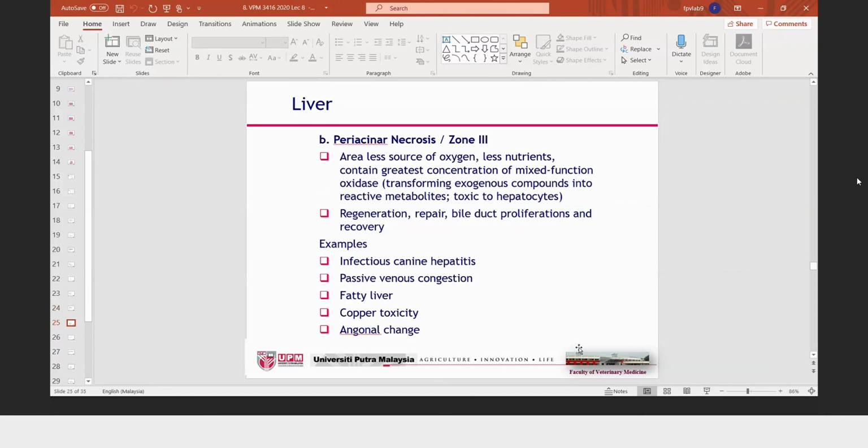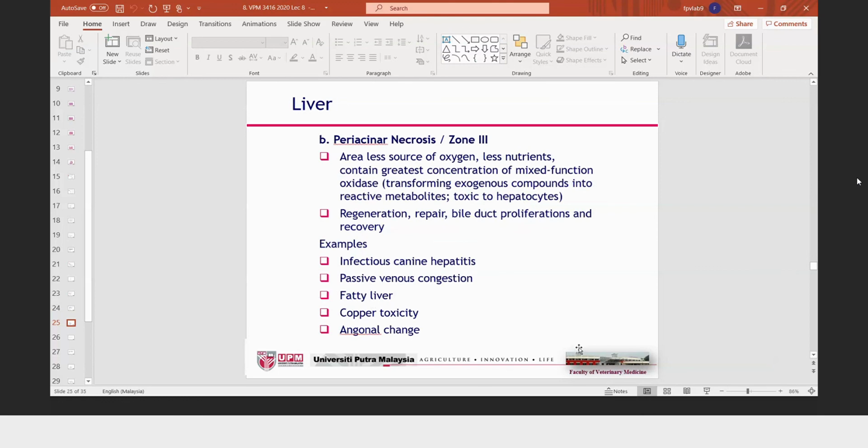Then we have zone 3, where the area has less oxygen, less nutrient content, and the greatest concentration of mixed function oxidase. Usually damage of zone 3 can regenerate and repair. As a result, they might lead to recovery.